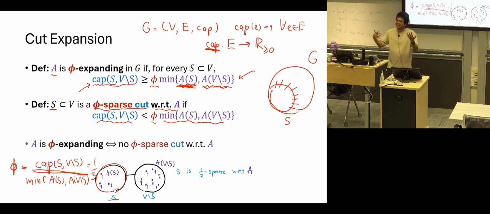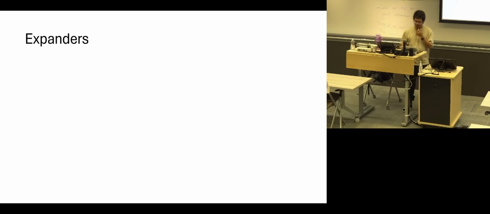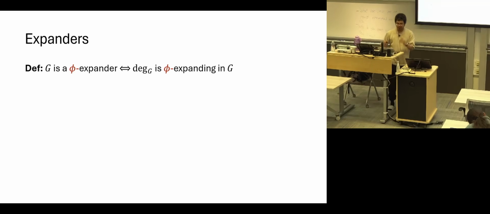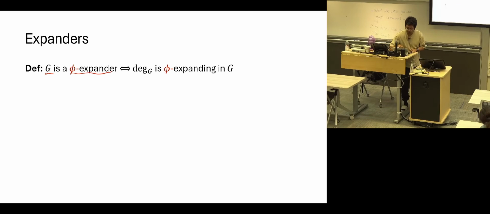If it's expanding, it means that if you want to separate A in a balanced way, you delete a lot of edges, a lot of capacity. And I said that the graph G is a phi expander if the degree of G is phi expanding in G.